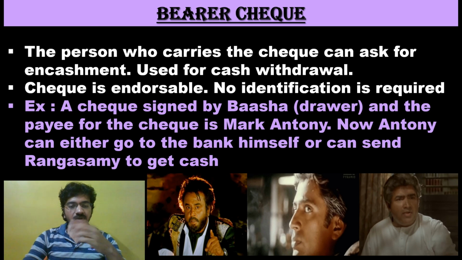In this case, Basha Bhai is writing a check to Mark Antony. So Mark Antony has two options now. Either he can go to the bank, or he can send his assistant Rangasamy to get the payment on his behalf. Because it is a bearer check, whoever comes with the check will get the payment. In other words, a bearer check can be termed an open check. It is open to all.